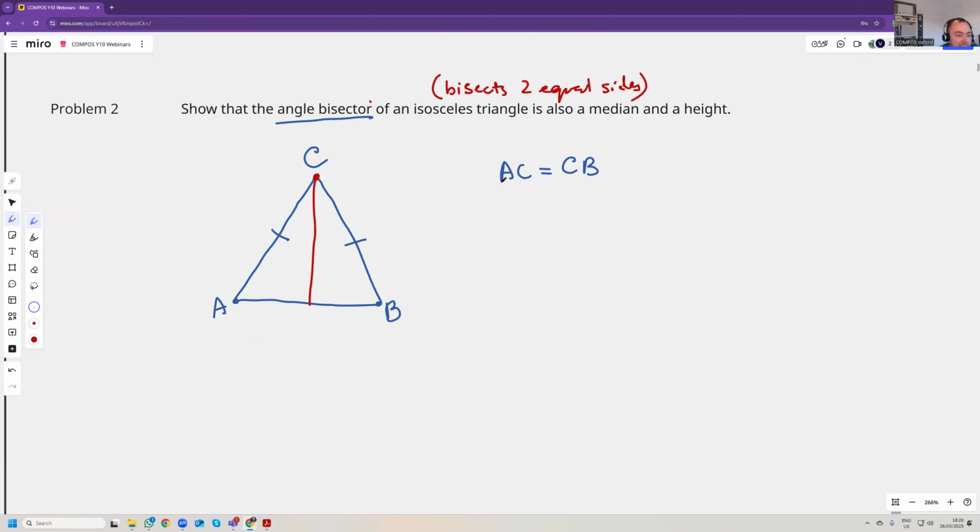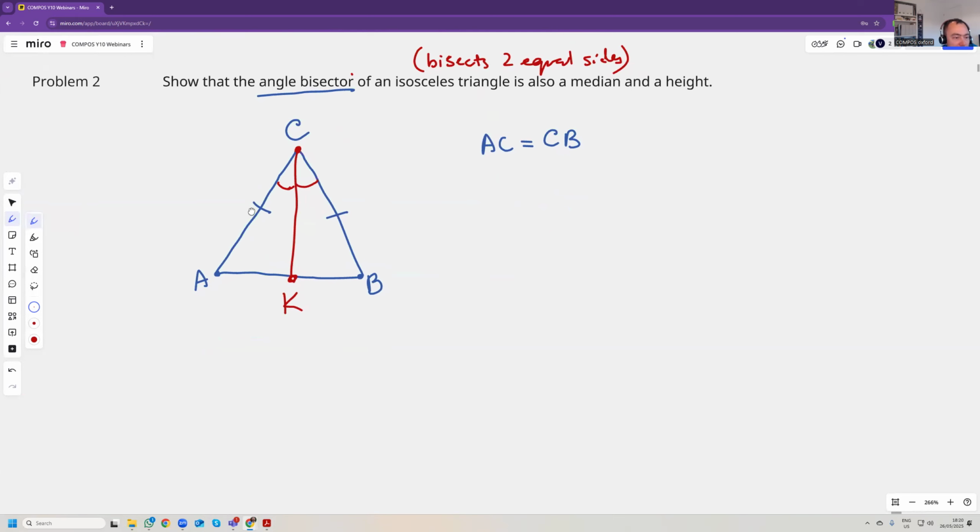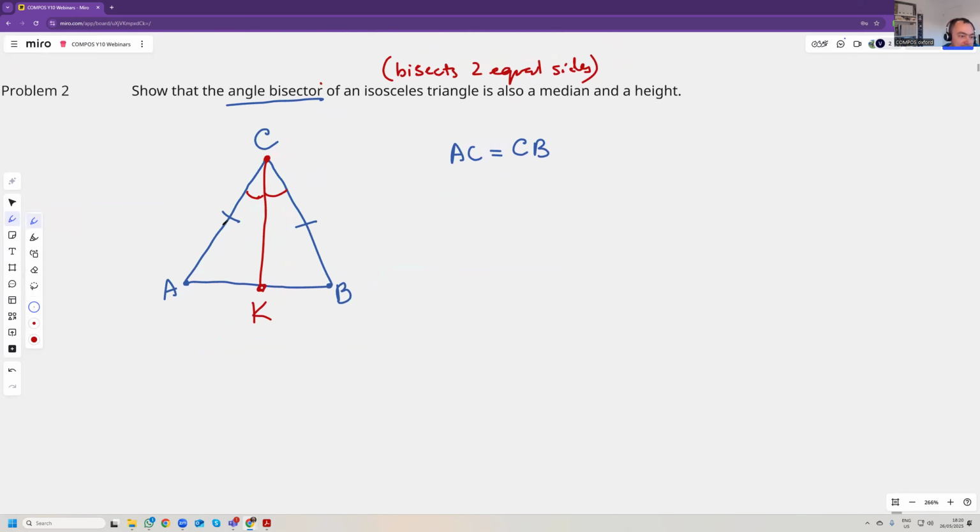Okay. Now, this is an angle bisector, so let's call it K, CK. We know that this angle is equal to this angle. We need to show that it is also a median.